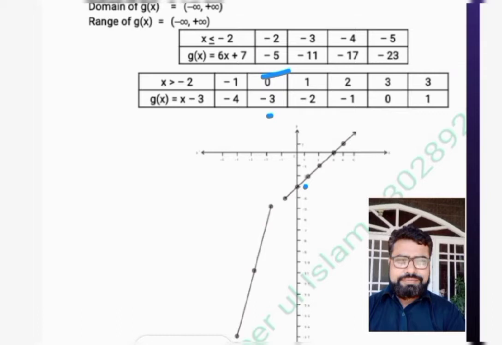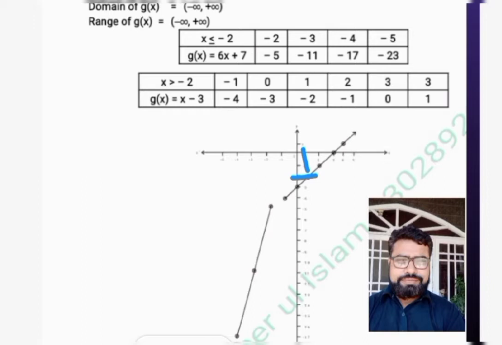At the y-axis, the value of x is 0, and the value of y is minus 3. Here is minus 3, so we have plotted a point here. At 1, there is minus 2. Here is 1, and here is minus 2. So we have plotted a point here.